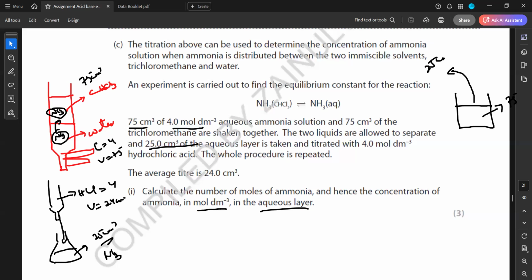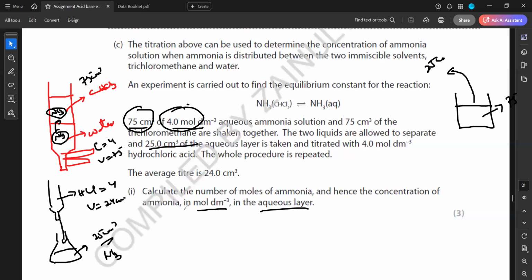How can we work out the moles of ammonia? Initially, because we have the concentration and the volume, you can see 75 cm cube and 4 mole per dm cube.